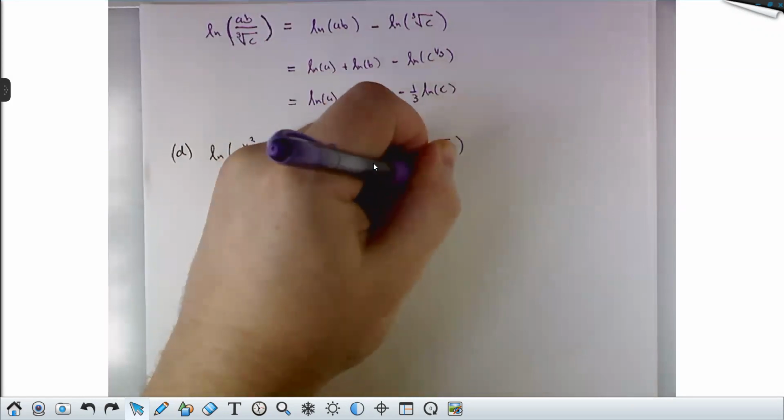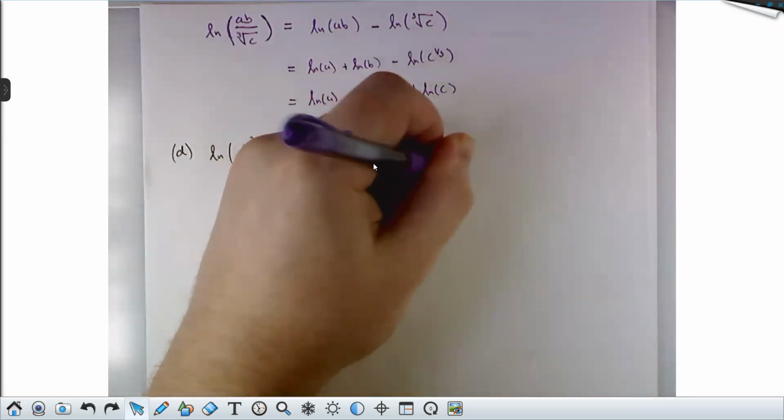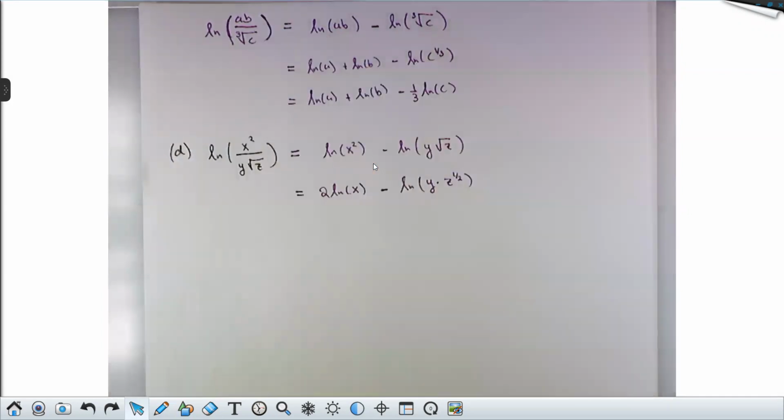Maybe I'll write that square root of z as z to the 1/2. I can't bring this 1/2 out yet because the y here is not raised to the 1/2 power. In order to bring a power down, everything inside the log needs to be raised to that power. You have to have parentheses, everything to the power, which is not what we have here.